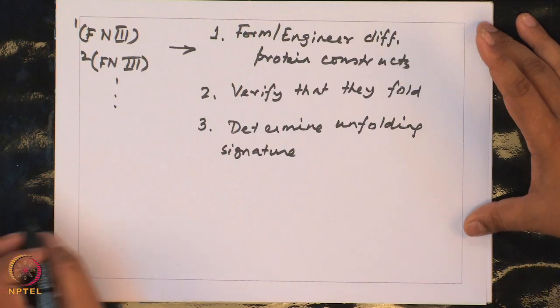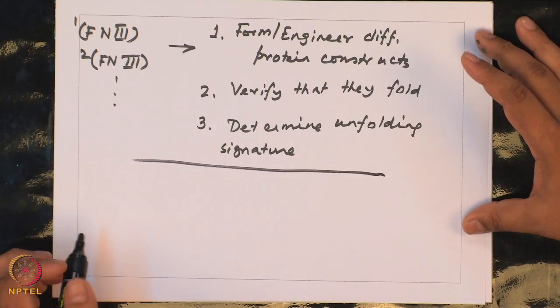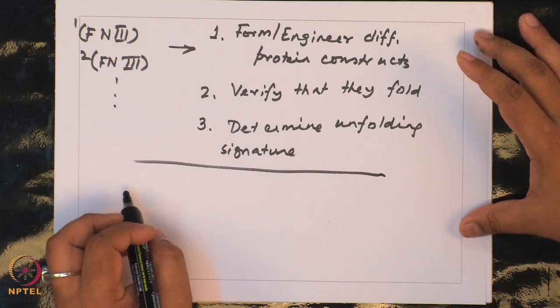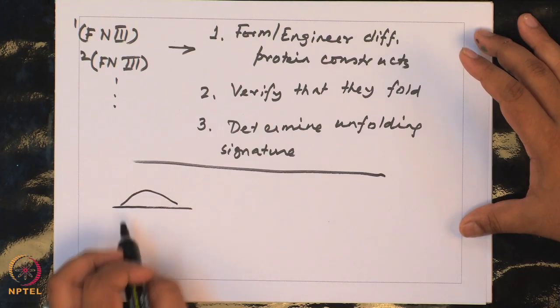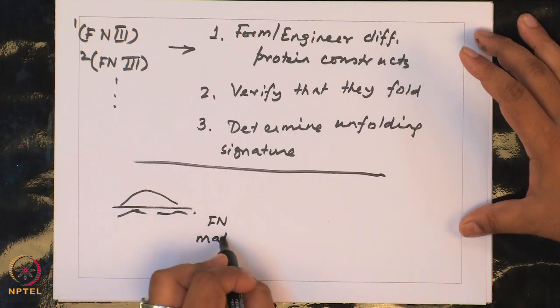Now, let us assume you have determined the unfolding signature for the entire protein. Now, let us say you have these cells sitting on ECM proteins, let us say sitting on a fibronectin matrix.